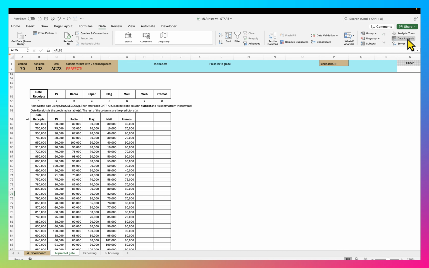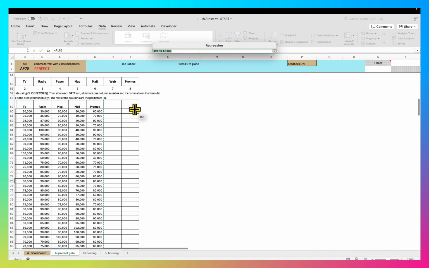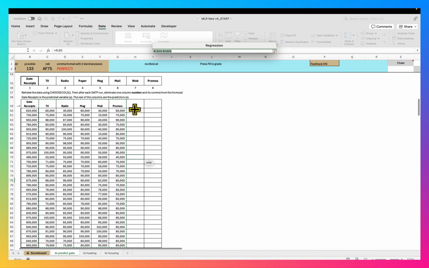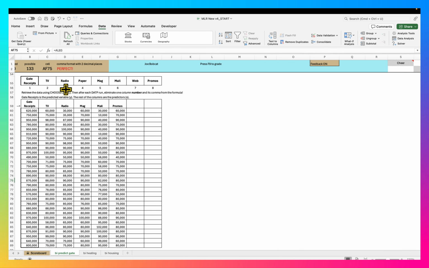Go to data analysis, back to regression. The X range now. Oh, sorry, I can't do that yet. I didn't make radio go away. So radio goes away. So that's number 3. Okay, now I can do the data analysis toolpack.